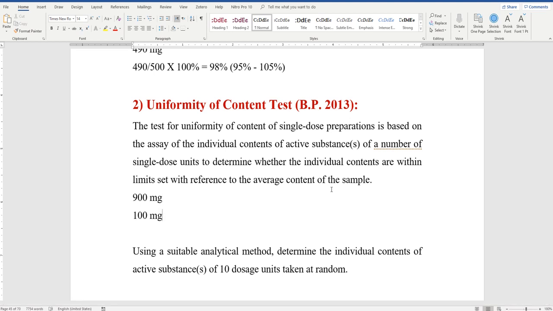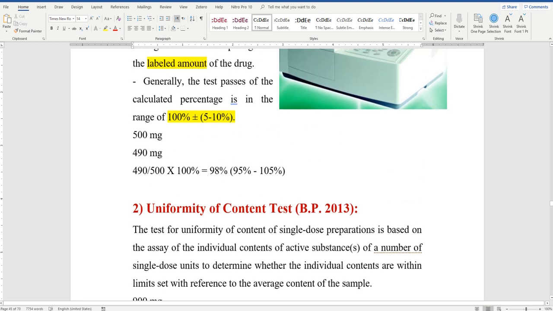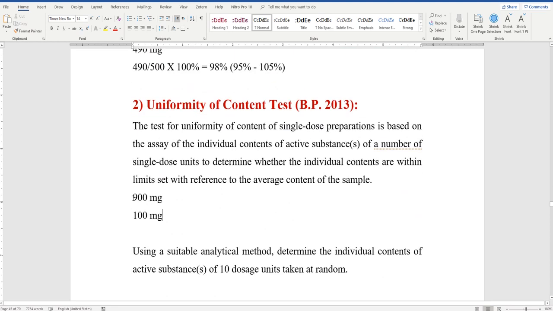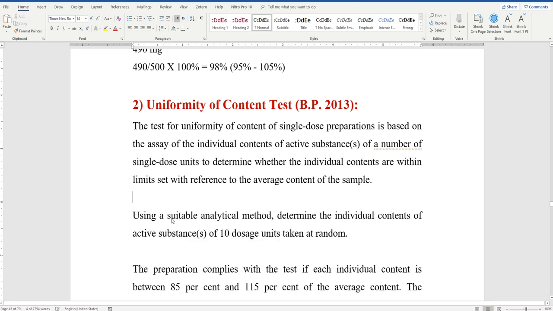Because the labeled amount says 500. But if you look at the average, it is 500 exactly, which is excellent. So this is talking about the average. Now we want to talk about the individual tablet. We need to know whether they are uniform or not uniform.